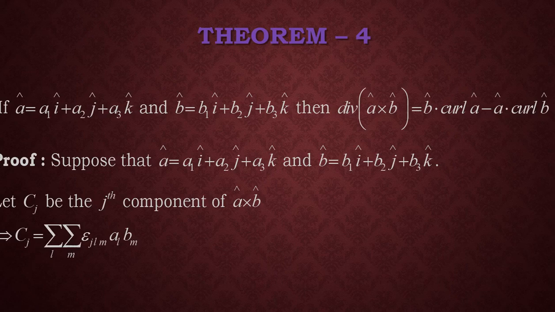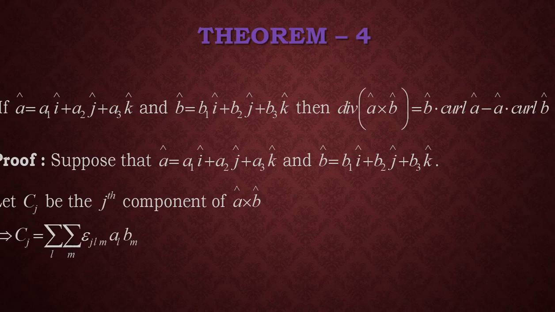We know very well that their cross product A cap cross B cap is given by a 3 by 3 determinant: I cap, J cap, K cap on the first row, A1, A2, A3 on the second row, B1, B2, B3 on the third row.